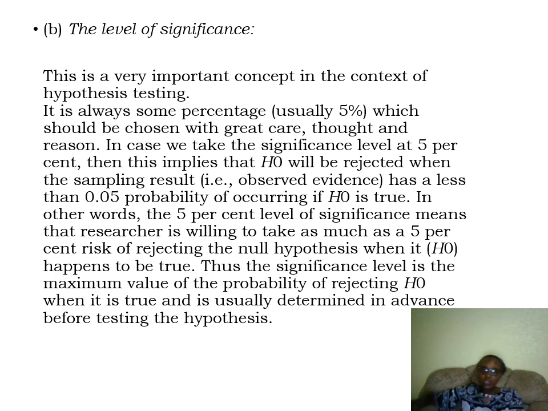Now, normally they put it at 5%, but there are situations when this may be underestimated, and it may give you an error. For example, if you are interviewing a number of people about the superiority of method A and method B, and you find that your level of significance is actually lower, and you say, oh, it is true, but in actual sense it is not true.